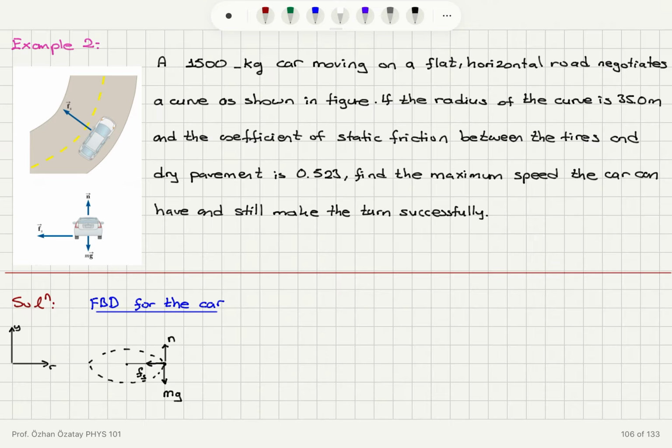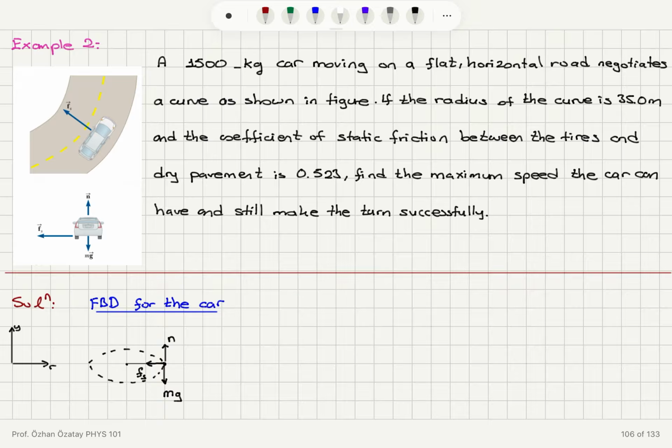Now, as usual, I have to start with the free body diagram for the car. And as you can see here, there is the weight of the car, the normal force that is exerted by the horizontal road. And then we need a force that is going to act as our centripetal force, and that will be our static friction pointing towards the center. So this will be our free body diagram.